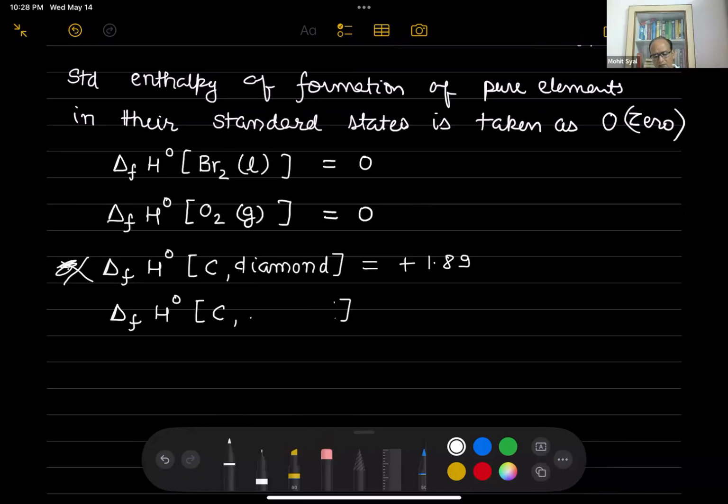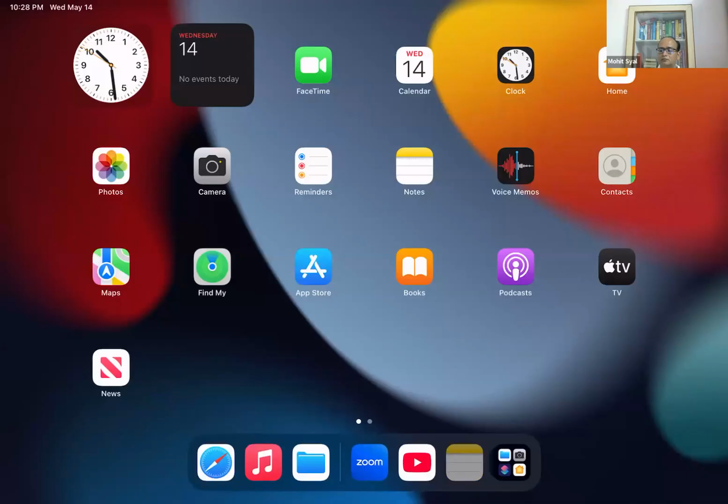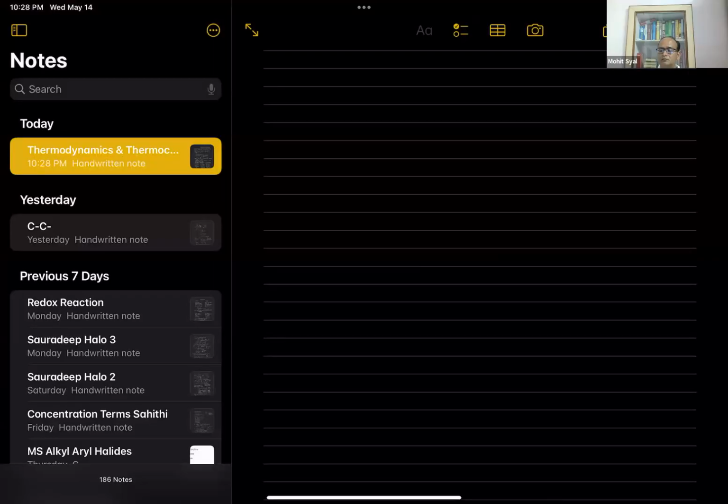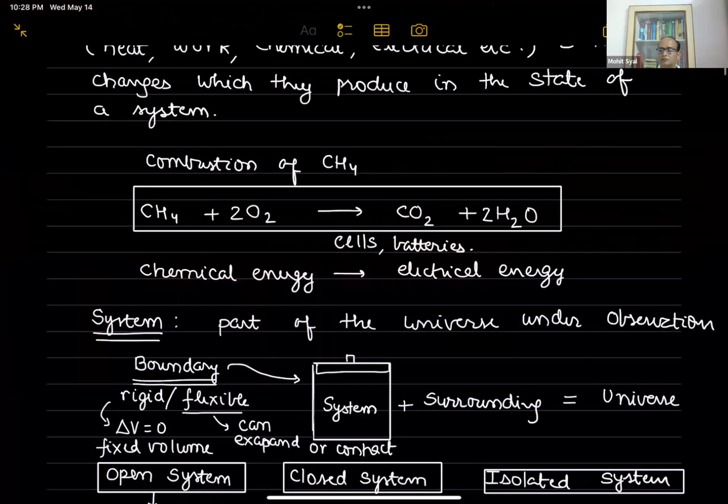It is actually correct, but it is not the standard state. I should write it like this: not the standard state of carbon. Got it? Is it clear?